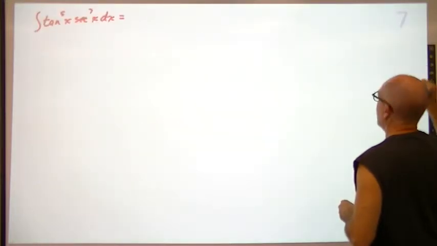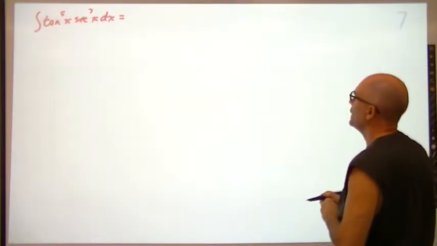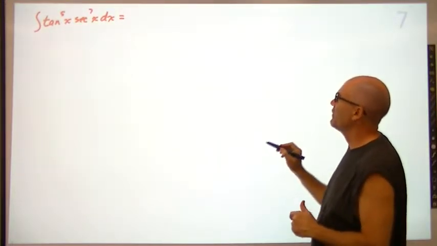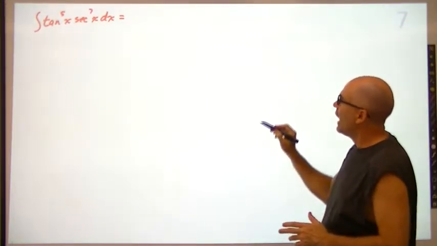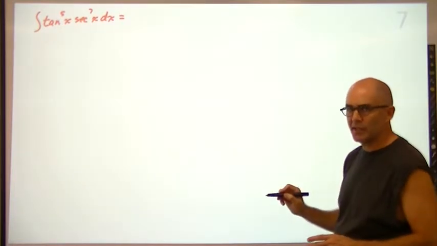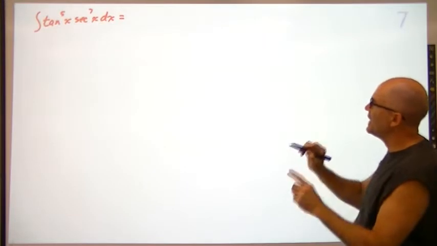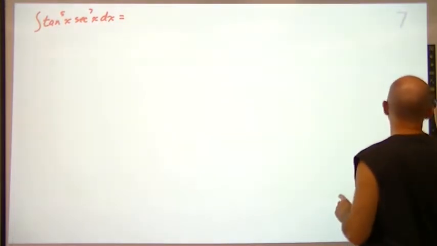Okay, so the integral of tangent to the fifth secant to the seventh dx. Now, I have odd exponents. So what I'm going to do now is squirrel away a secant tangent dx.